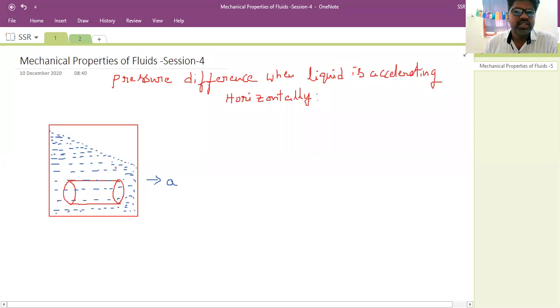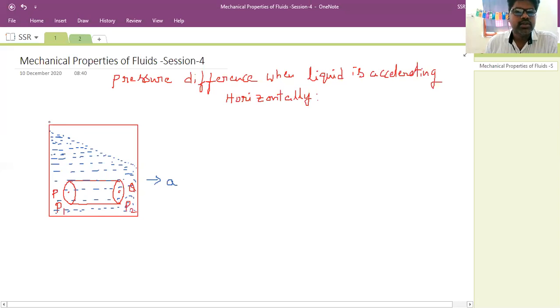But in this case, because of this acceleration, you can observe the pressures. Let us say at this side, point P, the pressure at point P is P1. This is point Q, the other face of this horizontal cylindrical column. At point Q, the pressure is P2.